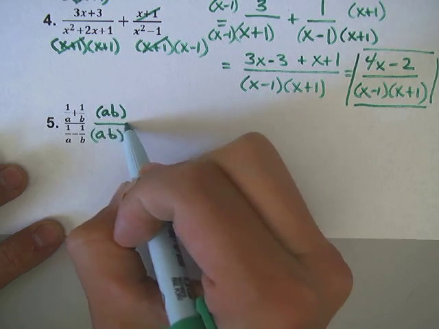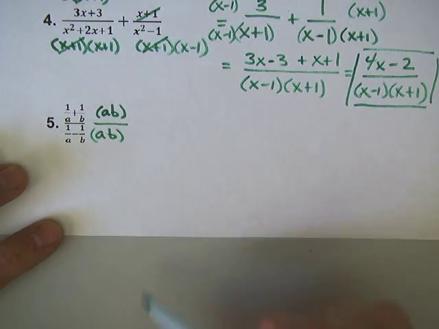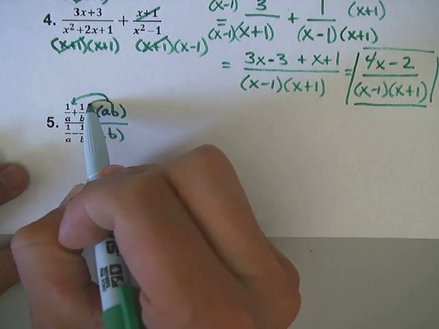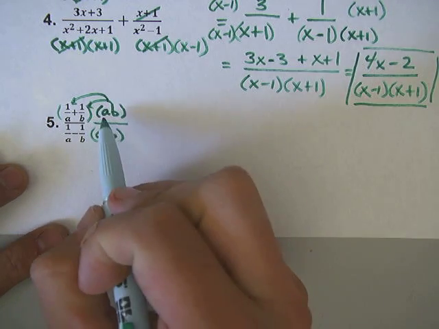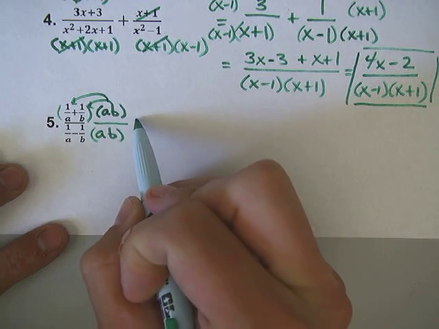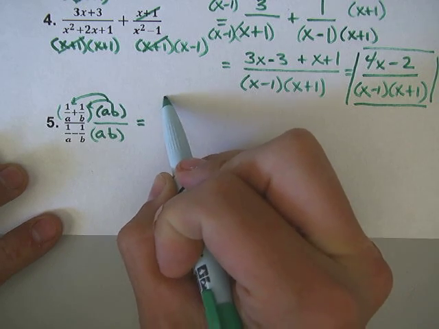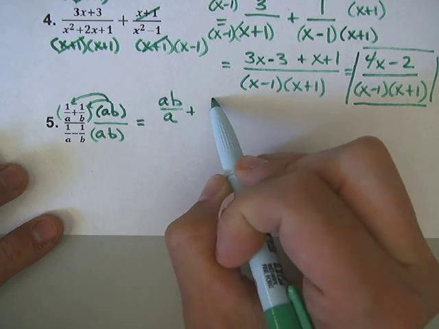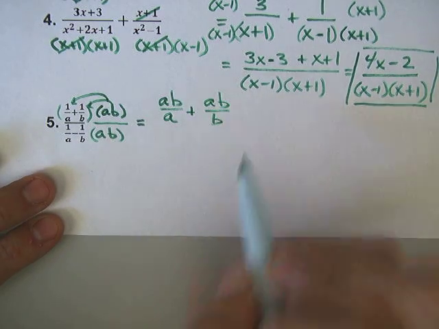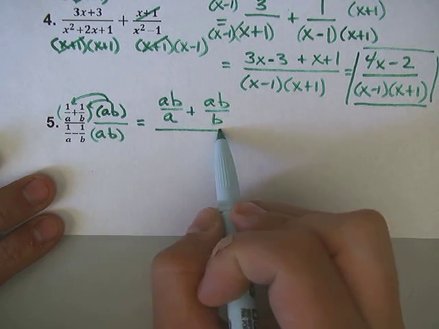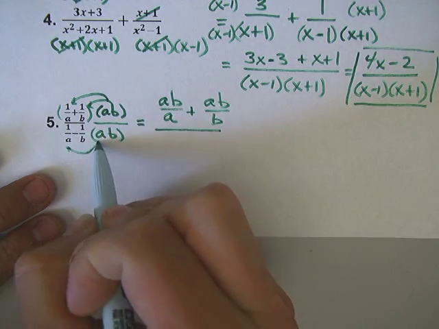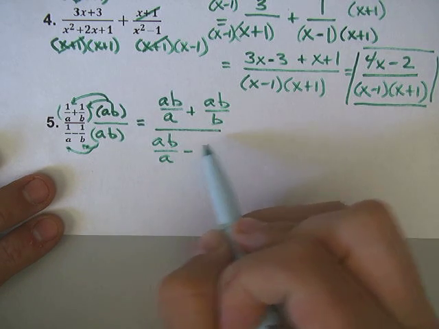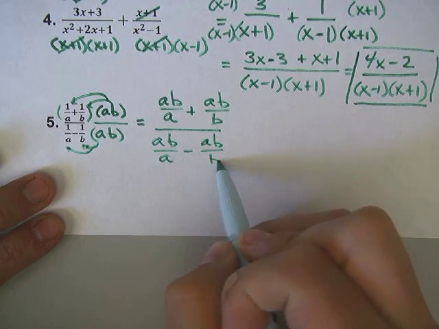So I'm going to show you a little trick here that'll make life a little easier. What if I multiplied the top, the whole thing, by ab, and the bottom by ab? Okay, now that's okay, because remember that's 1 right there. Now when I do that, I'm going to have to distribute this to both these things right here. So if I multiply ab times 1 over a, now I'm going to write this out kind of lengthy. You can skip this step. I'm going to get this plus ab over b.